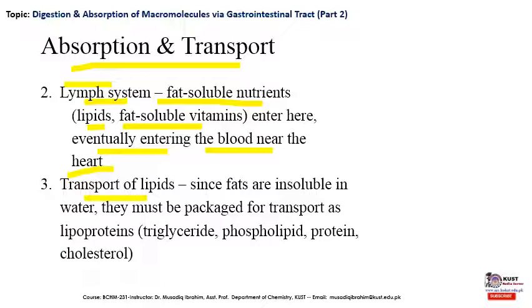Fats are not soluble in water, so they must be packaged for transport as a lipoprotein in the form of triglycerides or phospholipids or protein cholesterol combination.